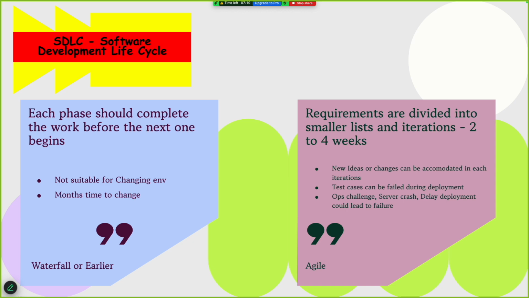And when they do the deployment, there are a lot of chances that the deployment fails because, like I said, the operations team built the infrastructure for the previous requirement, not for the updated requirement. So there are a lot of challenges experienced by the ops side of the world, and for addressing that, DevOps comes into the picture.